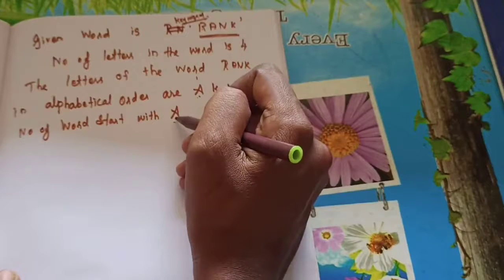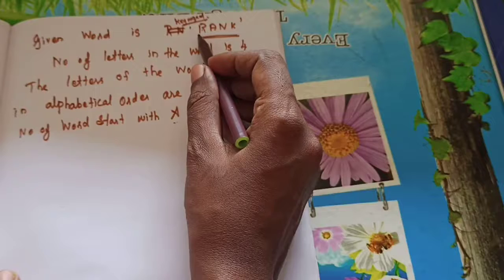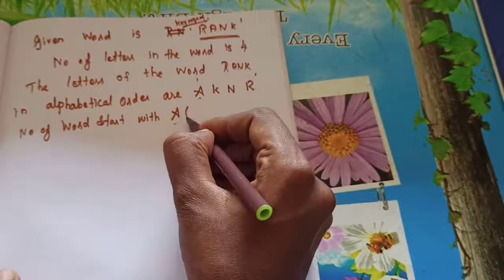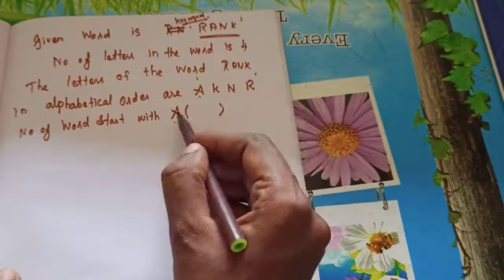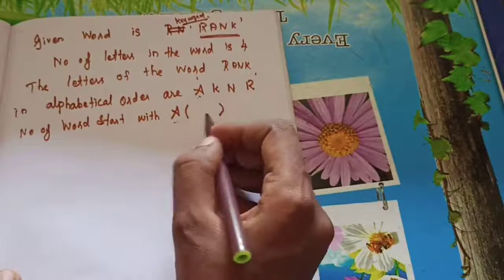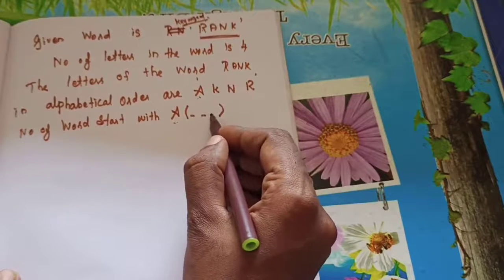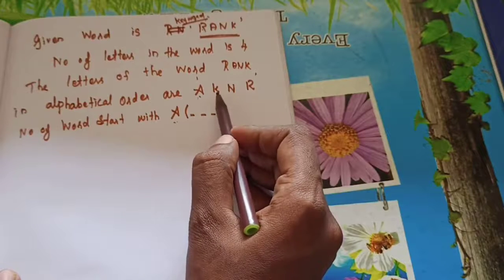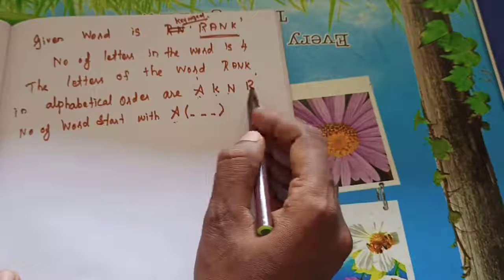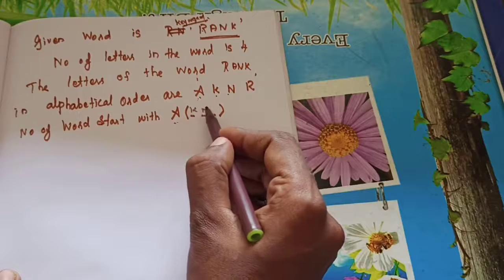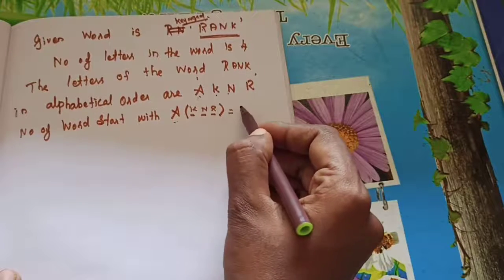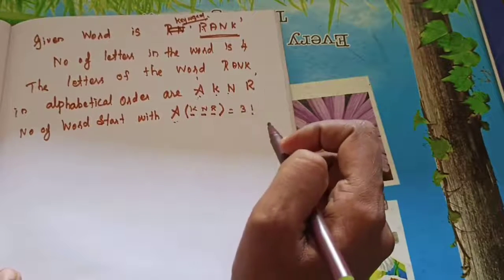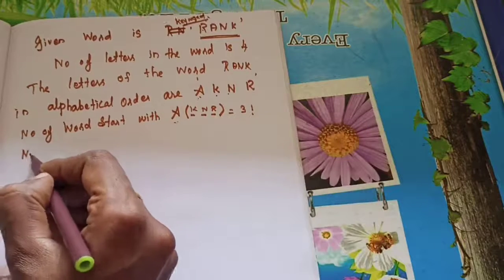Here the first letter is A, but the keyword is R. So at once you need to open one bracket. If I took A here, how many letters are balanced? 1, 2, 3 letters are balanced. What are the 3 letters balanced? K, N, R. So how many factorial will you get here? 3 factorial. Understand?